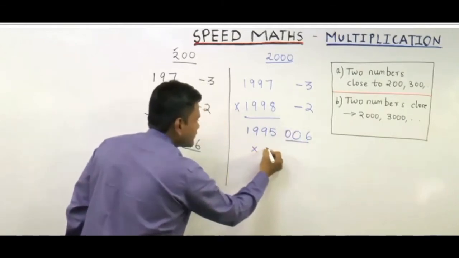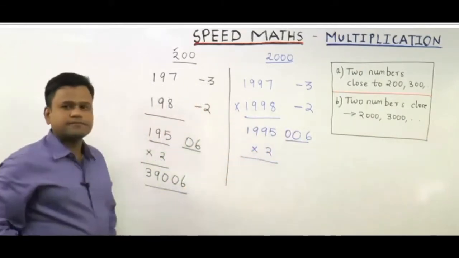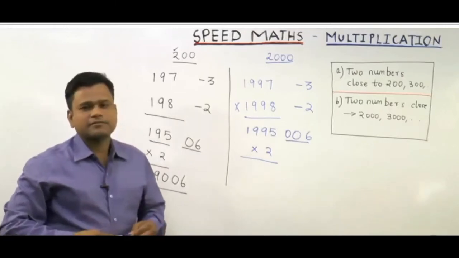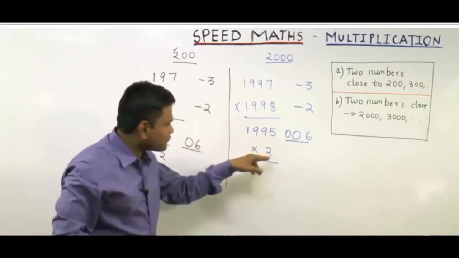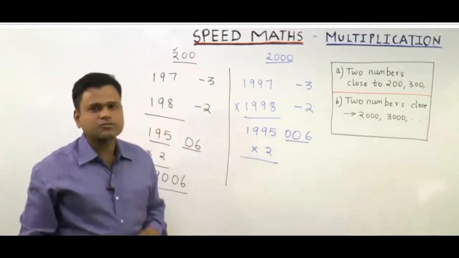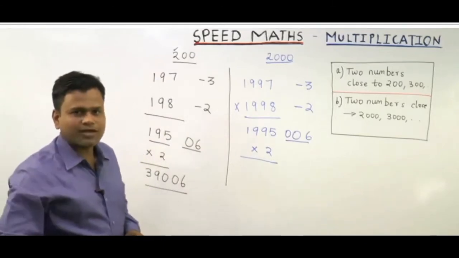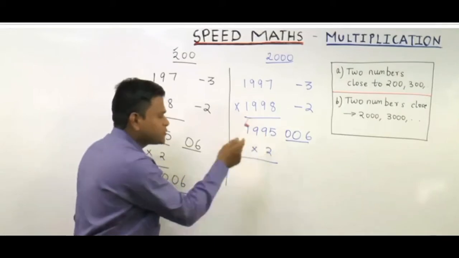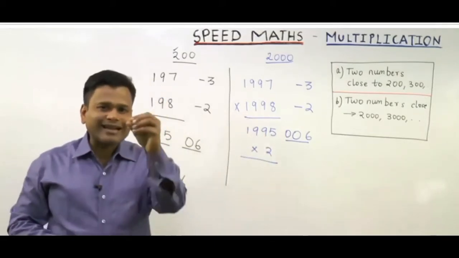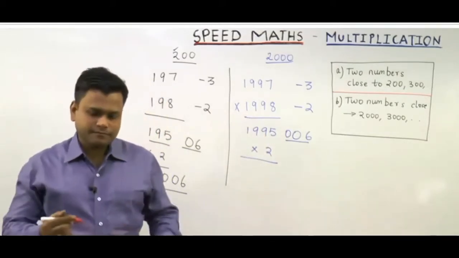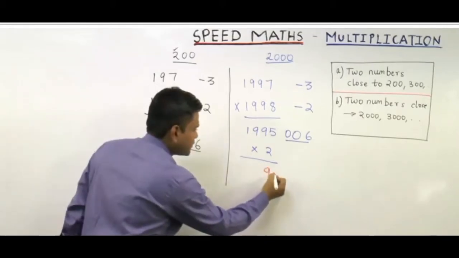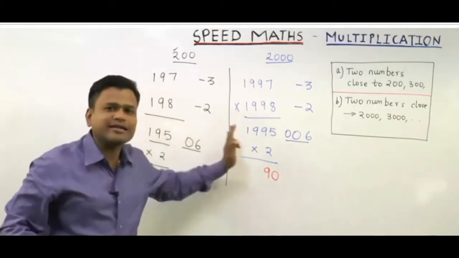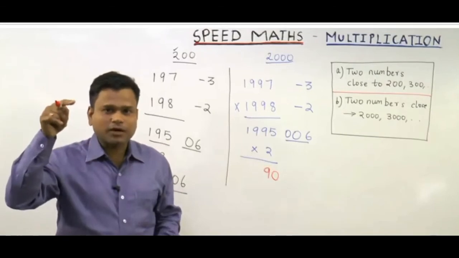And the first part has to be doubled. How do we double that? Do we do like this, 5 2s are 10, 9 2s are 18, like that? Yes, that is one of the methods. What we can do here, we can split this in 2 parts. 19 into 2, 95 into 2, in the mind itself. 95 into 2, 190. Keep 90 here, 1 being the carry forward. 19 2s are 38 plus 1, that carry forward.